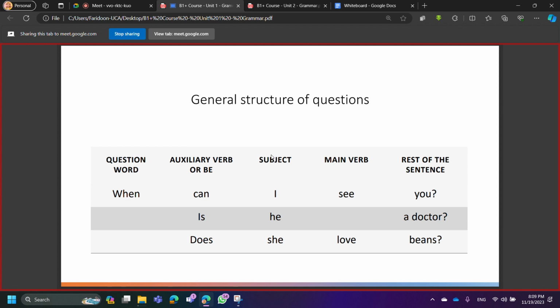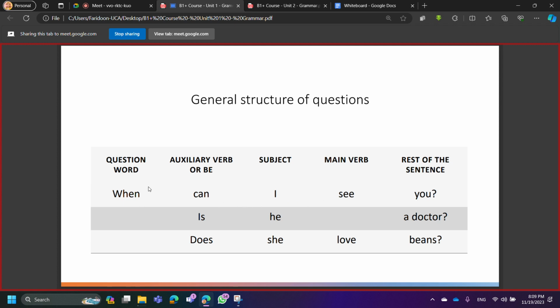After that, you're going to have the subject, and then the main verb. If you have an auxiliary verb, you're going to have a main verb as well. If you don't have an auxiliary verb, you directly have the be verb as the main verb, so another main verb is not needed. And then you have the rest of the sentence. This is the general structure of most questions in English. For example, when can I see you? When can I see you has all of them inside.